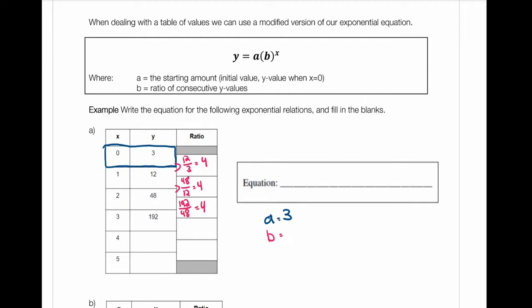And we see the pattern. The other two should be 4 as well. So in this case, our ratio is 4. So that is our b value.